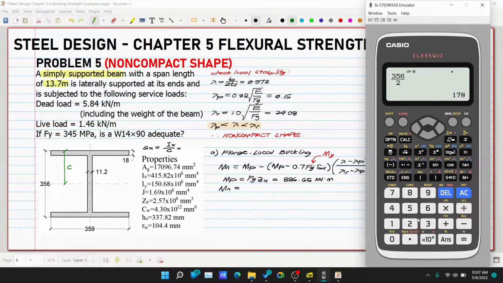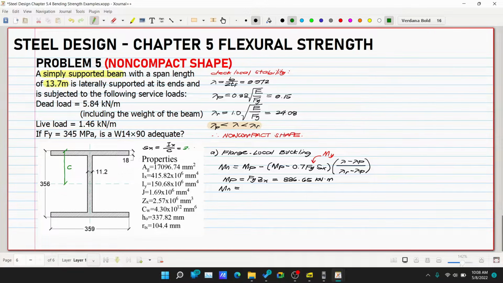And then, Ix is 415.82 times 10 raised to 6 over the answer. So, this is 2.336 times 10 raised to 6 millimeter cube.